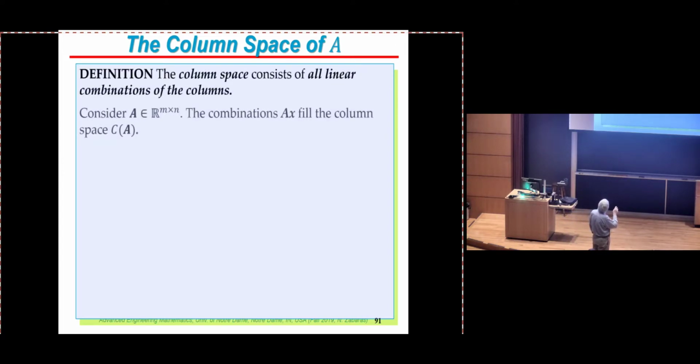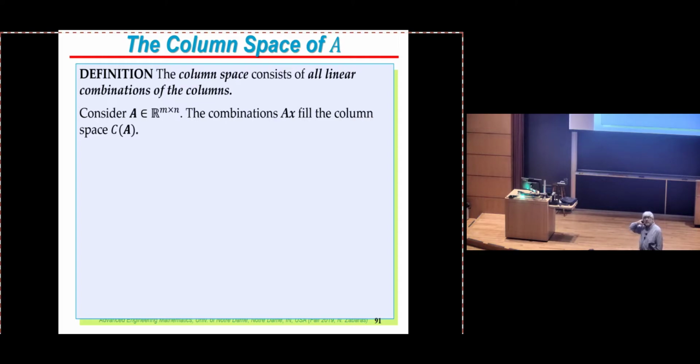So the column space of A is the space that is produced by taking combinations of the columns. So if I have a matrix A in R m times n, I denote the column space as C of A. Okay, that's C of A. Question. The matrix is m by n. The column space, I can tell you, is a subspace of another bigger space.